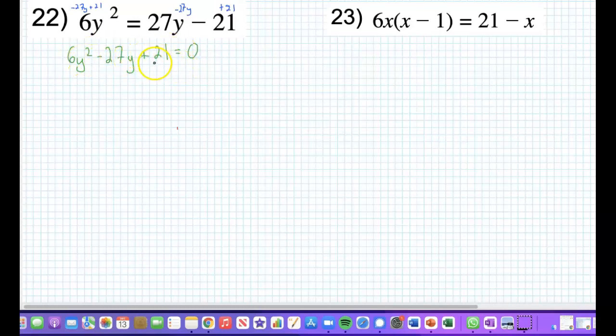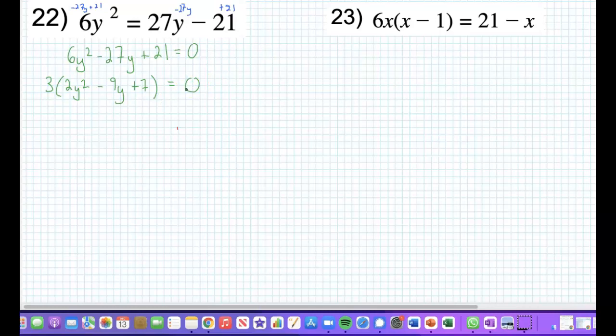Sometimes there's a variable too. Well, there's no y here, so that's not going to work. But I can see 3 is a factor of everything. So let's factor out 3. Then we'll have 2y squared minus 9y plus 7 is equal to 0.